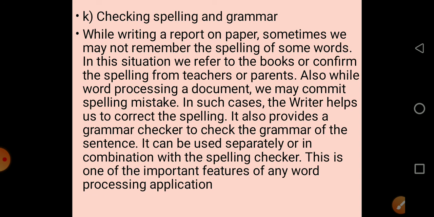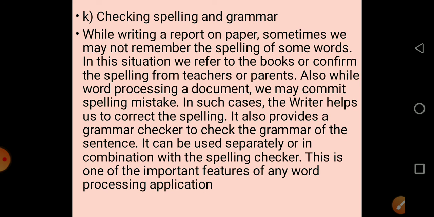If you type any text which is not in the dictionary, it will show it as a spelling mistake with a red wavy line, on the text where you have typed mistakenly. If you have any grammatical errors, that is indicated with a green wavy line.